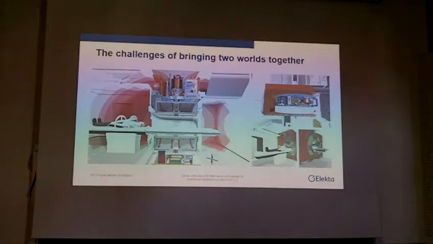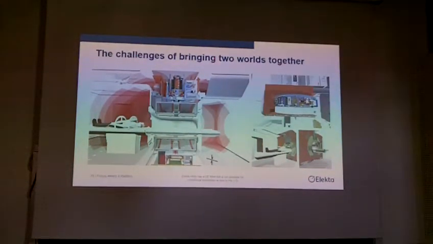Normally in a normal MRI room, you have an RF cage. Here we made a U-shape RF cage around the linear accelerator, and everything colored brown here is the cage. So it is protected from interferences from outside.